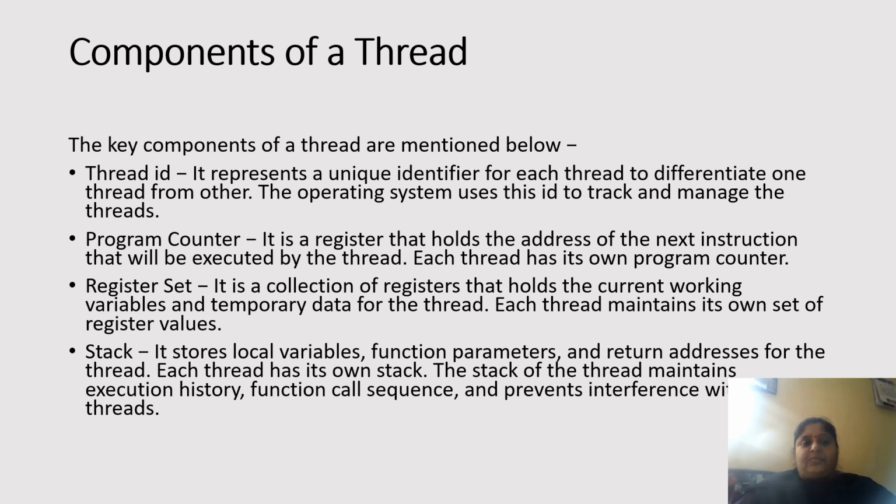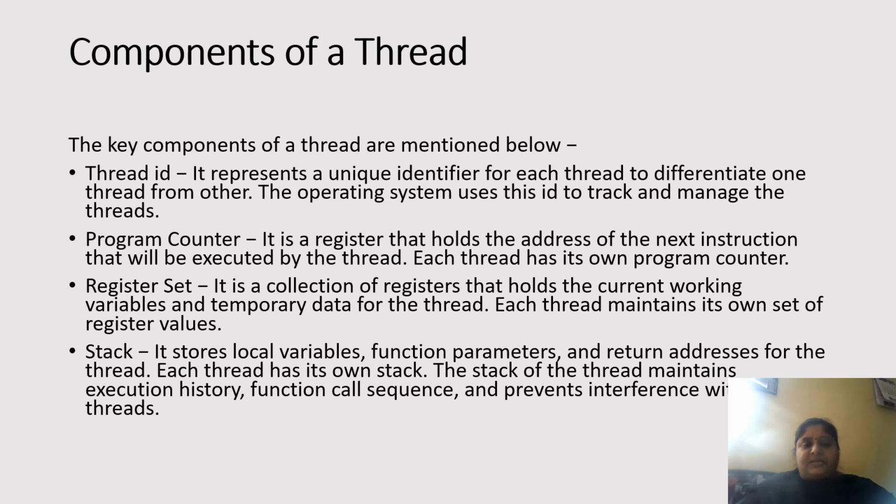Next one is the program counter. It is a register that holds the address of the next instruction that will be executed by the thread. So the counter is nothing but a register. Each thread will have a program counter.